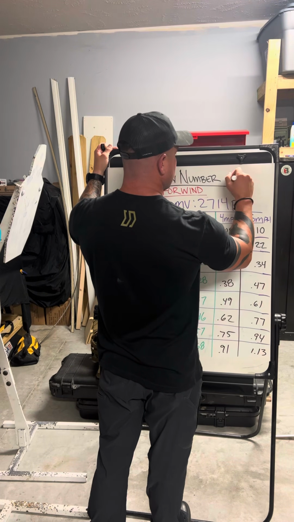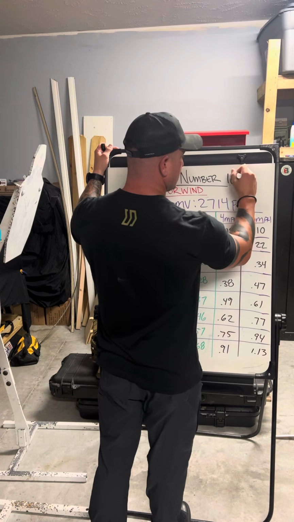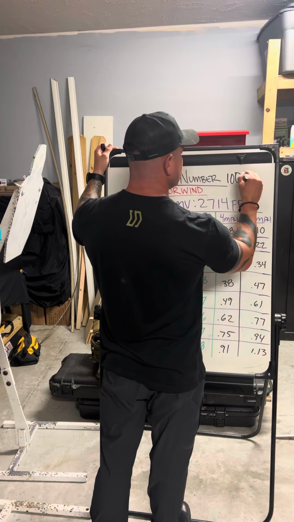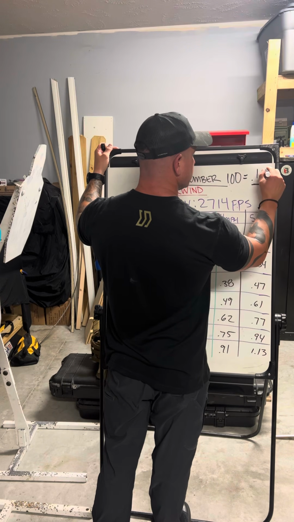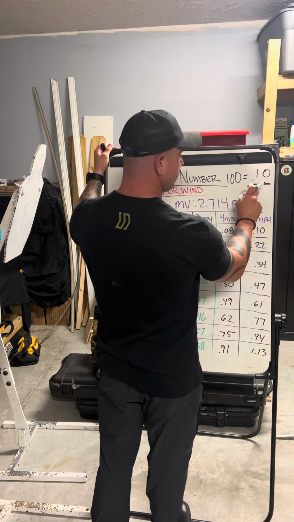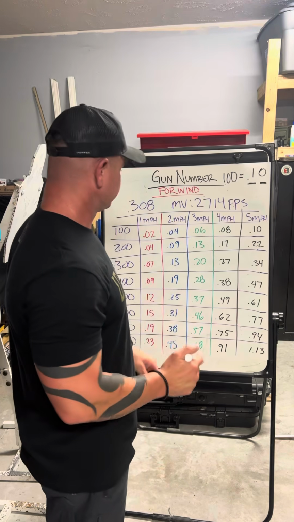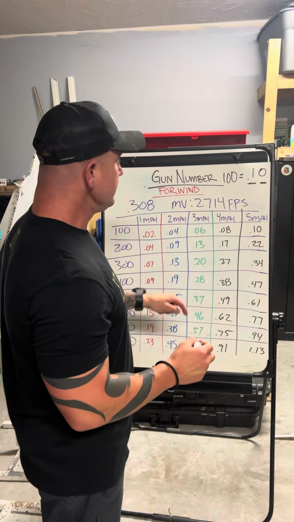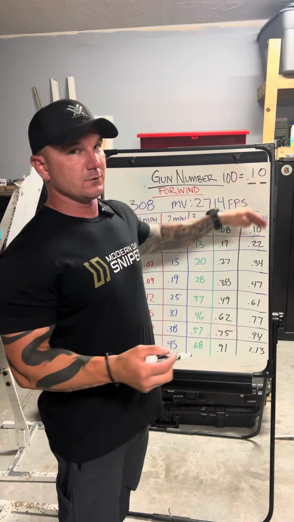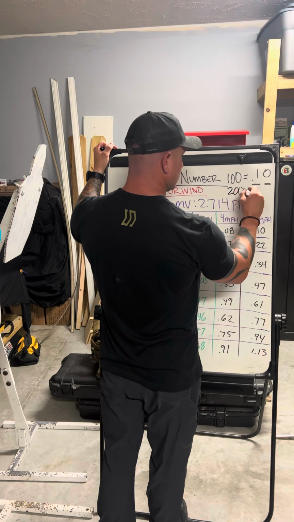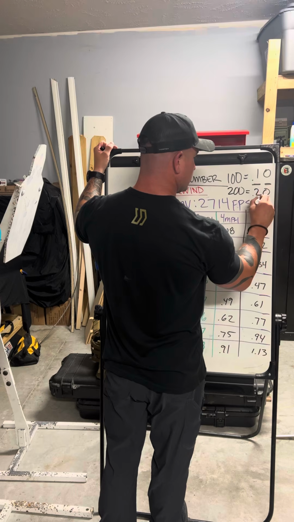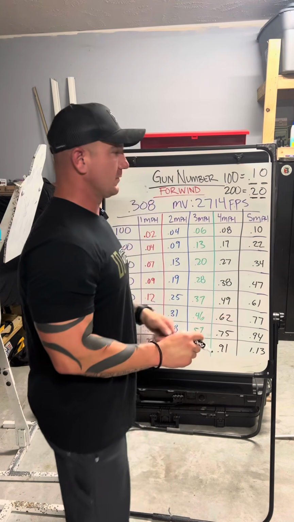I'm looking for 100 yards or 100 meters to equal a 0.1 something, the first number right at the decimal. You're not always going to get this. In a perfect world, you get 0.1, 200 would give us 0.2, and so on and so forth.